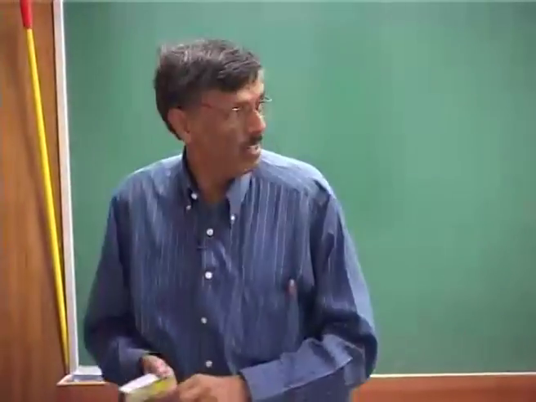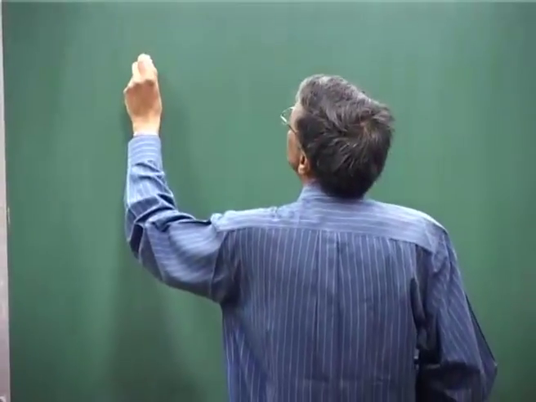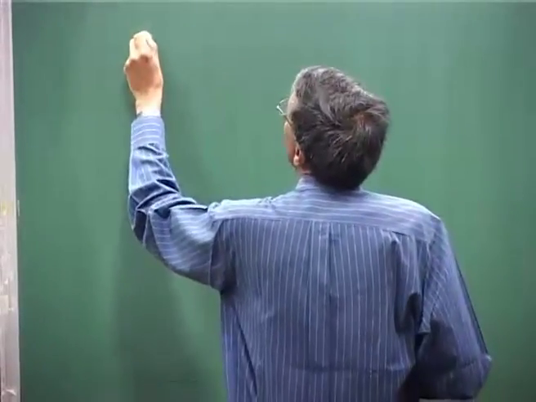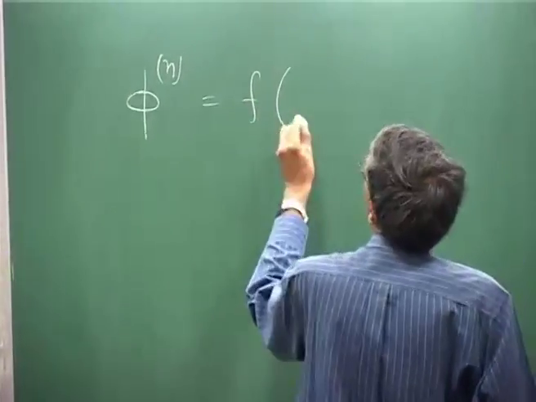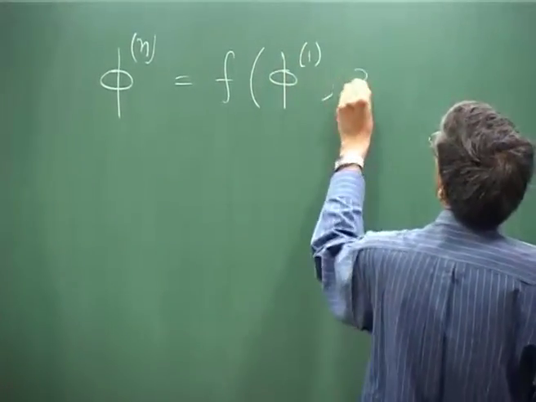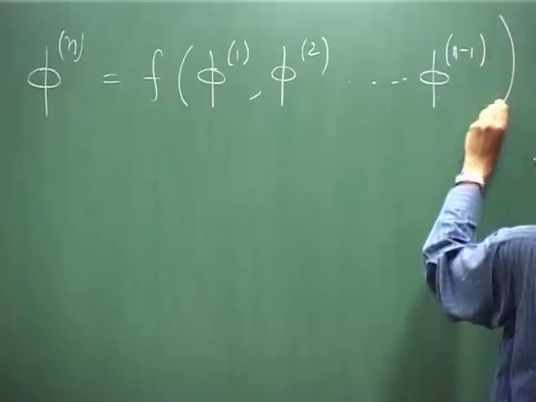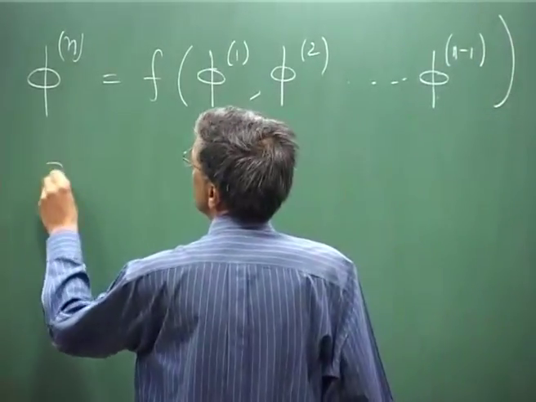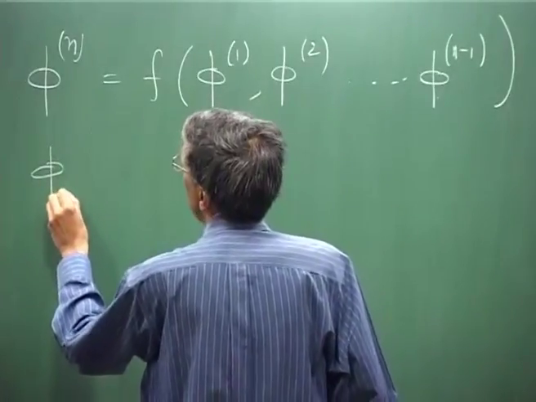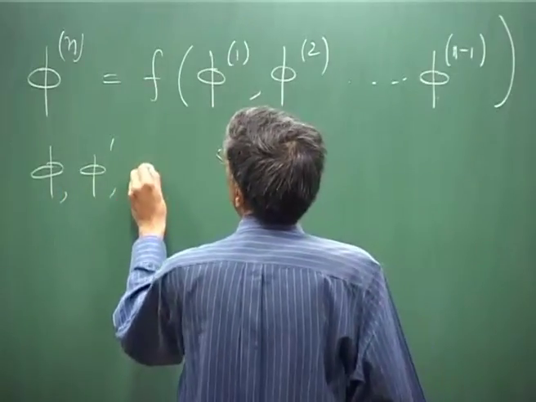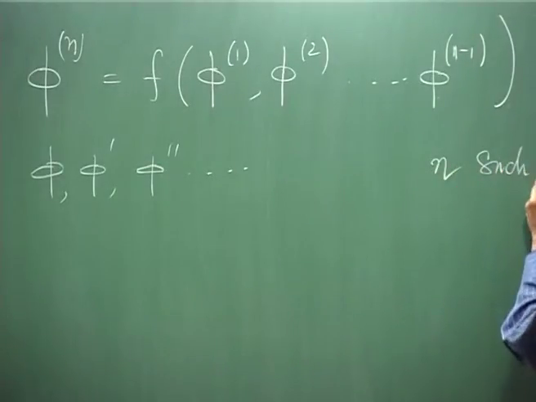If you look at it this way, suppose we are looking at some kind of differential equation like what we have written there, say phi n is a function of all kinds of derivatives all the way up to this, and you are probably prescribing a set of conditions, say phi prime, phi double prime, etc. You would have n such conditions, right?